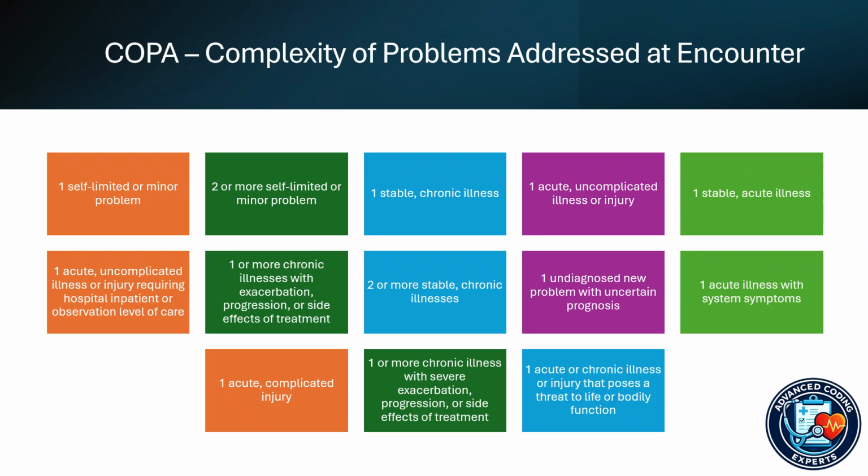Per AMA, when they use the word stable, it means a patient who is at their treatment goal. For example, if a patient with persistently poorly controlled blood pressure is normal for the patient, but that is not at the treatment goal set by the physician, then that means that the patient is not stable because they are not at goal.